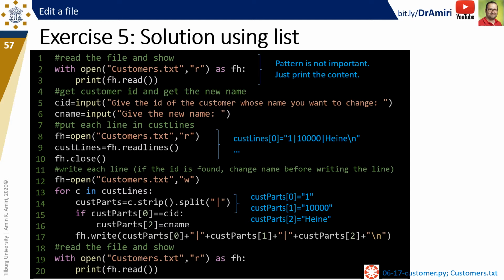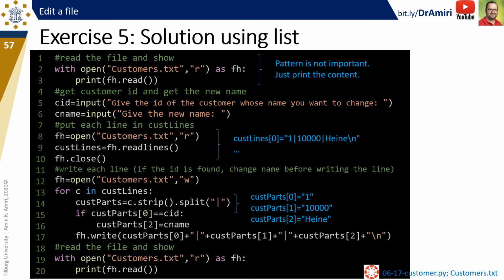Then in lines 11 to 17, I try to change that line that the user wants us to change. Each time I iterate through all these lines. So when I wrote in line 13 for c in cost lines, for the very first time, c is 1 vertical line 10,000 vertical line Heine backslash n.